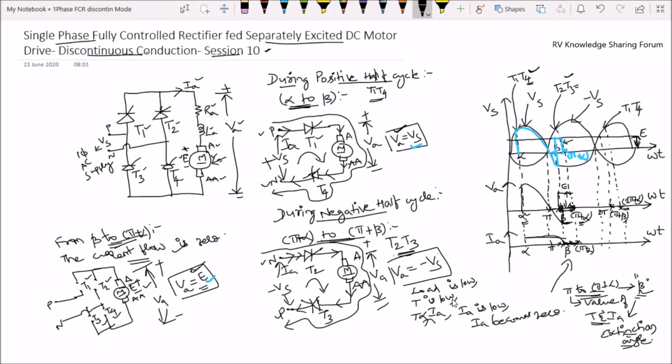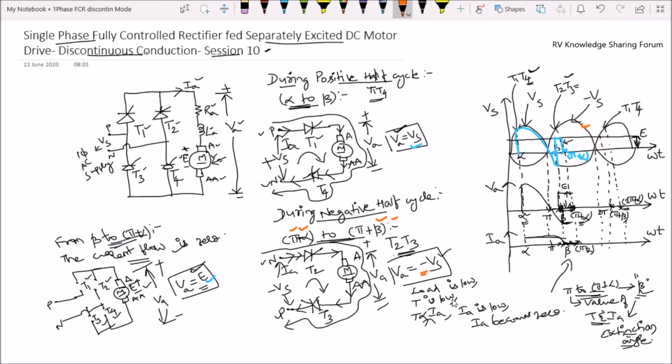Now let us draw this. Armature voltage is equal to minus Vs. So this is our minus Vs graph, which is from pi plus alpha to pi plus beta. From pi plus alpha to pi plus beta, the value of armature voltage is negative of the supply voltage. That means we have to trace this curve.